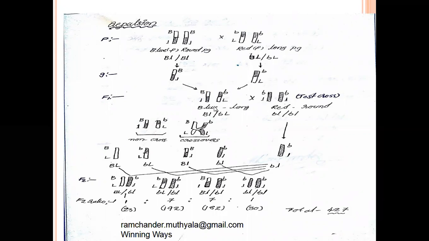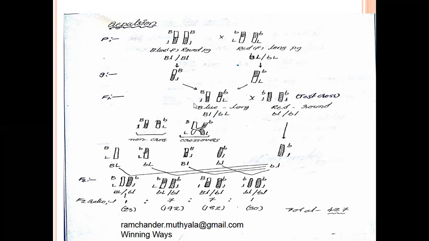The F1 zygote develops into a Lathyrus odoratus sweet pea with blue color flowers and long pollen grains. It is in the heterozygous condition. The heterozygous F1 generation plants are crossed with a test cross. Test cross means the F1 generation is crossed with a completely homozygous recessive parental plant.